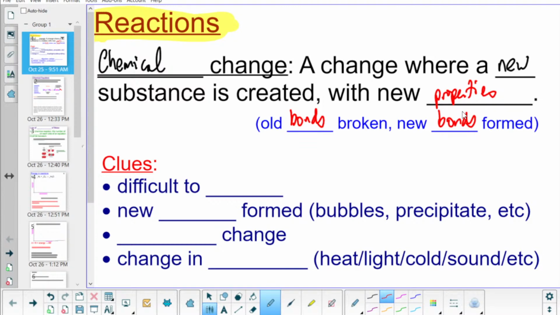Now, one of the ones I'm sort of playing around with is that if we took that ash and we wanted to make it back into paper, how hard would that be? Really hard. It's difficult to reverse. But then, if you took the paper I just ate and you wanted to turn that back into paper, how hard would that be? Not as hard.